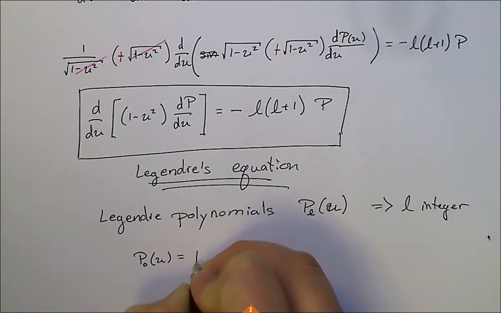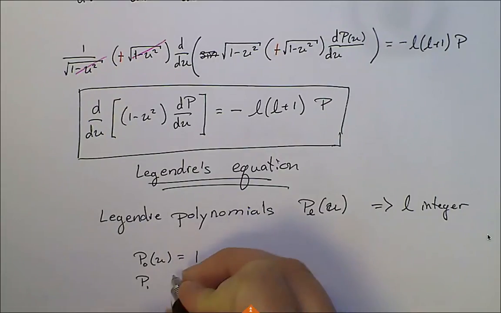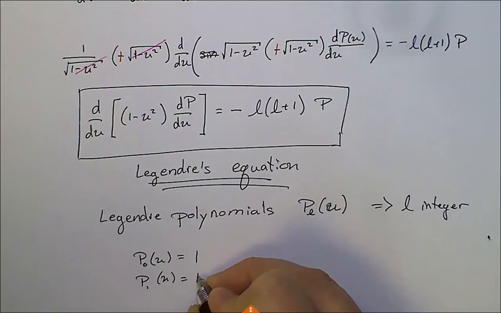P0 of u is going to be equal to 1. P1 of u is going to be equal to u.